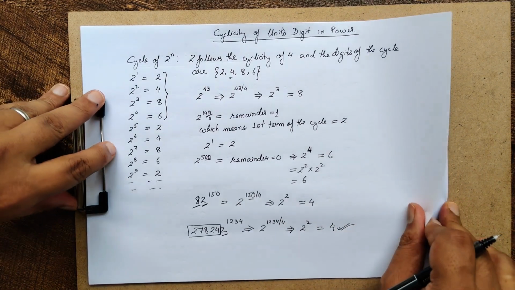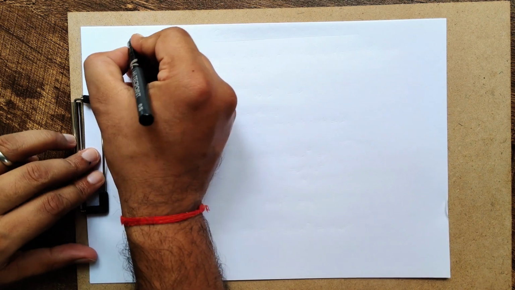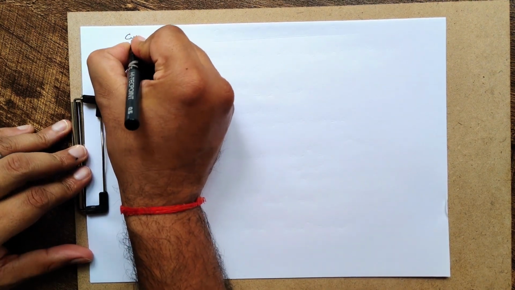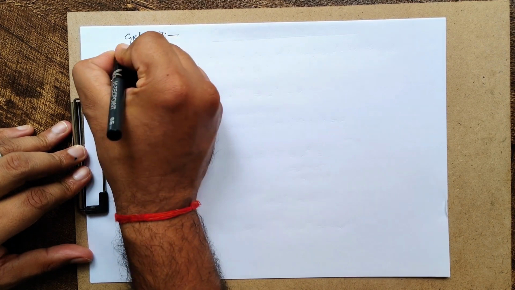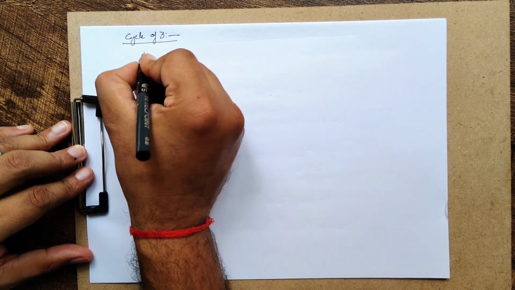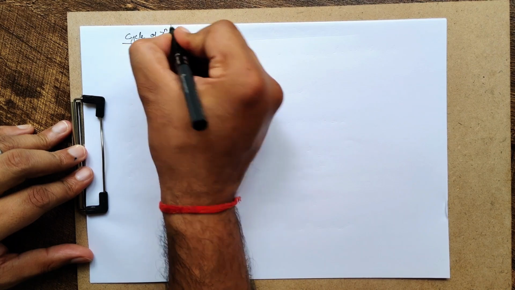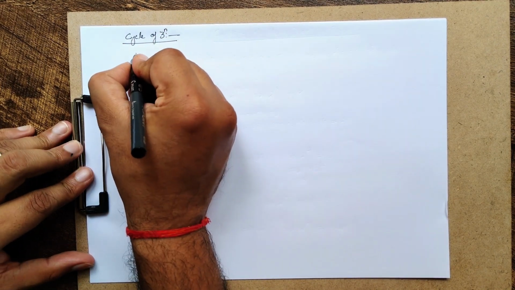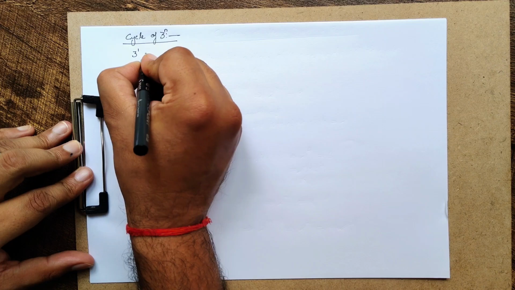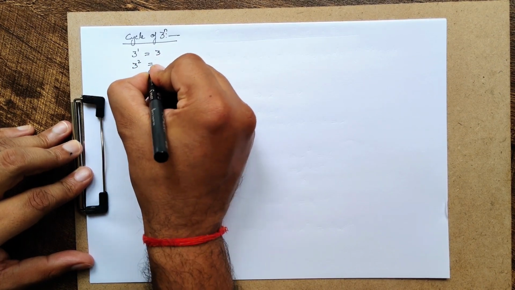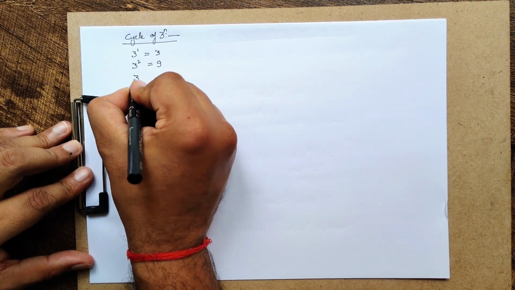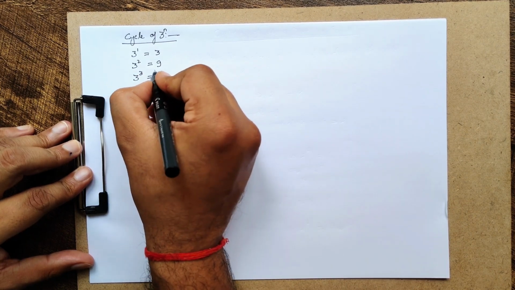Now let us see the cyclicity of 3. So we can write it as 3 to the power n. So 3 to the power 1 equals 3. 3 to the power 2 equals 9. 3 to the power 3 equals 9 times 3, which is 27.